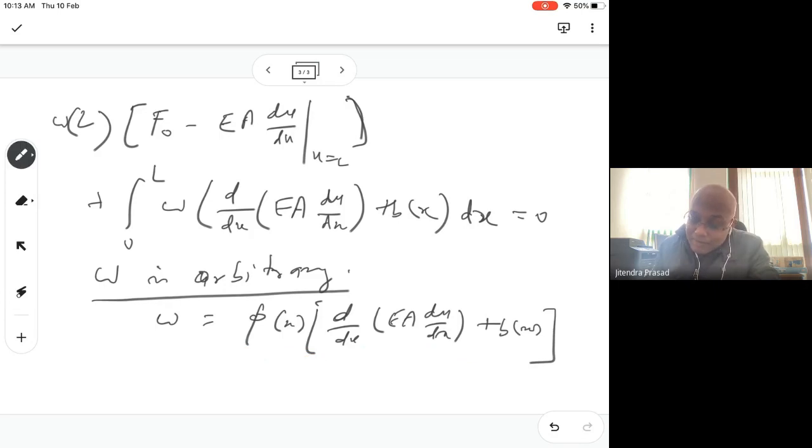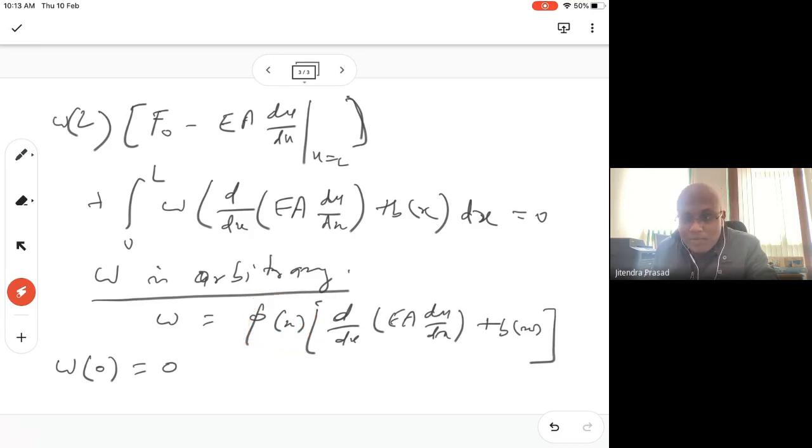Also, since you have phi x, you still have some liberty. You can still give it some value. And what value? Remember that it has to follow W0 is equal to 0. So that liberty it should have. And how will it get that?